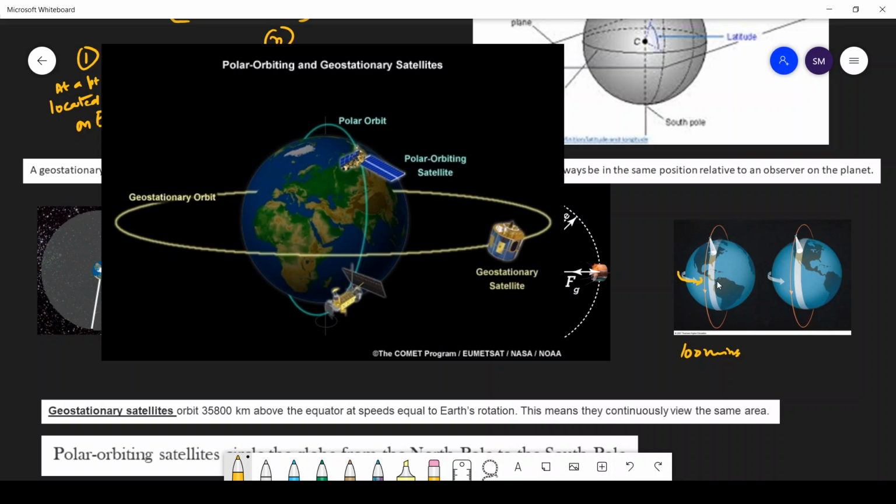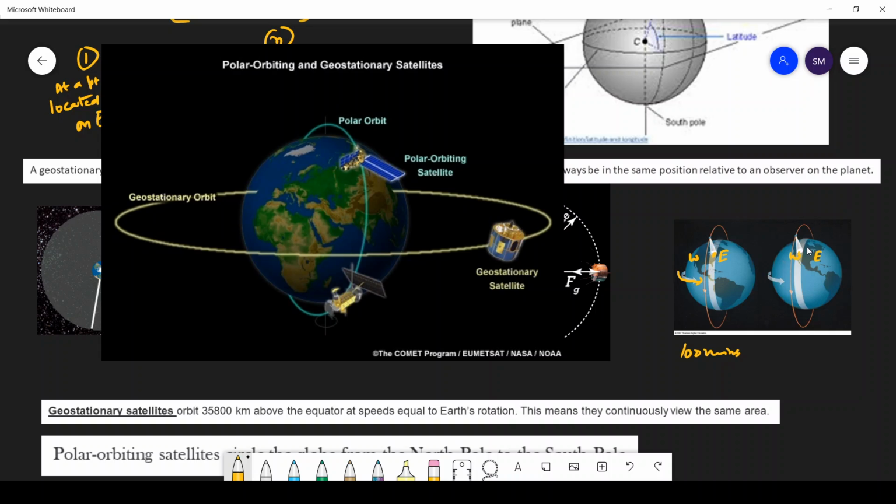So the earth is rotating and it will reach back. See the location here. Here it was in East America, and look, this is your east, and here it was west. So it has reached the west, so might be after 2 rotations.